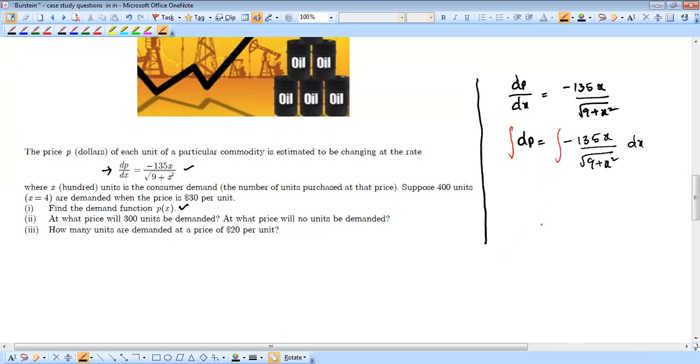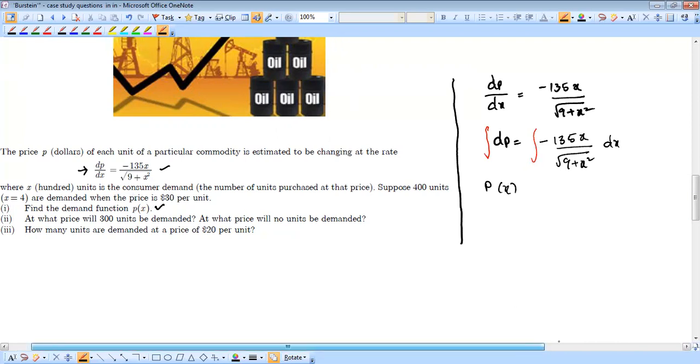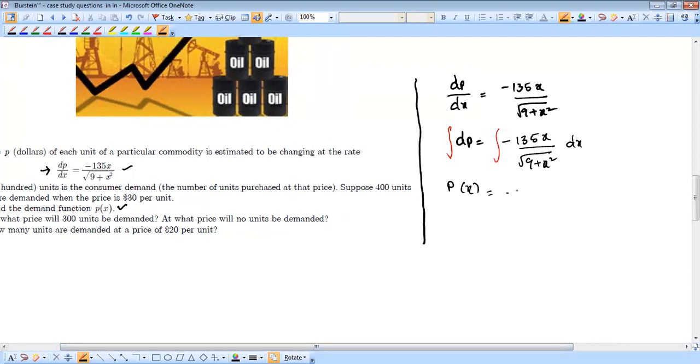Now the integration of dp is p. They're asking the demand function, so p of x. And minus 135 I'll take out, and it is x divided by root over 9 plus x squared dx.